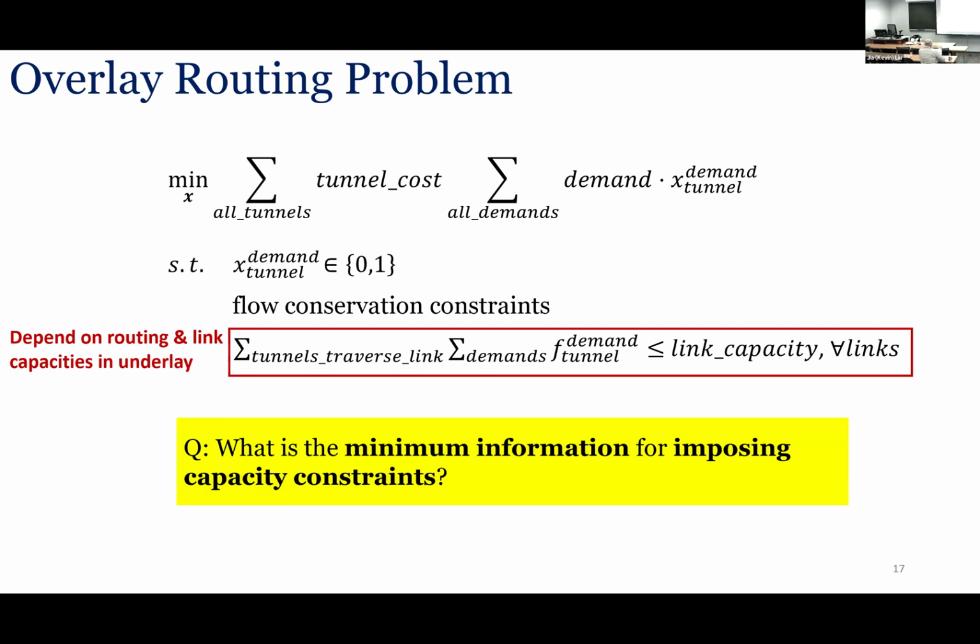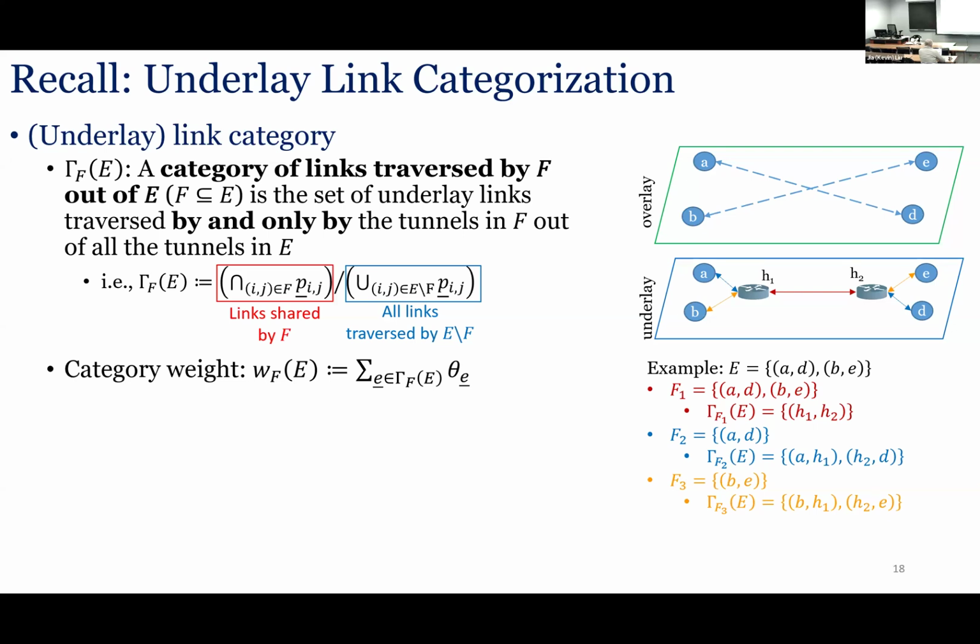What I'm going to show you is a way to bypass the requirement of such detailed information, and I'm going to link back to the concept of categories. I will reintroduce the category definition, except that I add this parenthesis E. It means that this is the subset of links traversed by the subset of tunnels F out of all the currently considered tunnels E. I put E into parentheses explicitly because later on I'm going to vary what set of tunnels I consider.